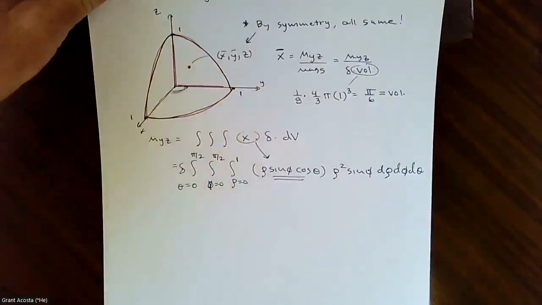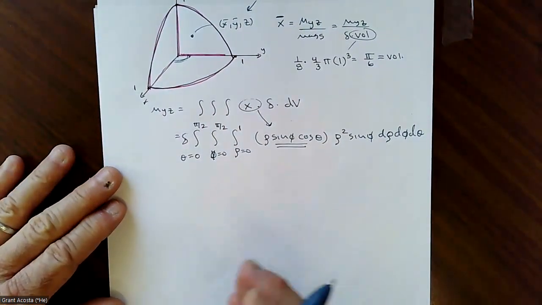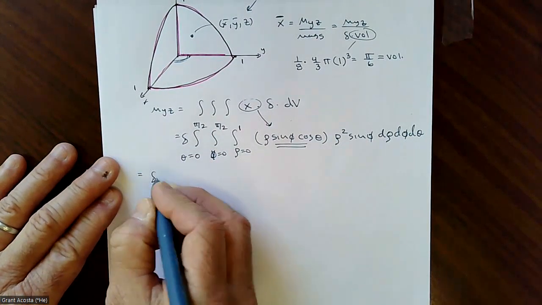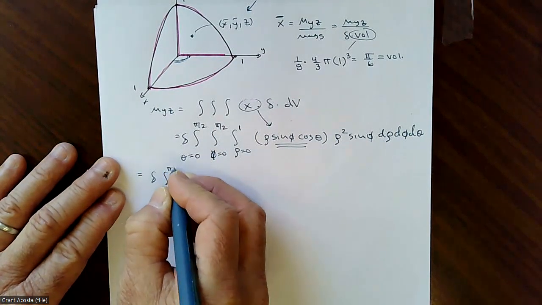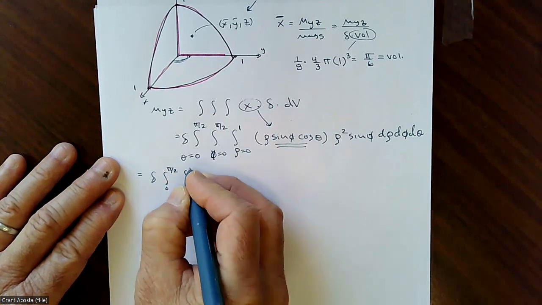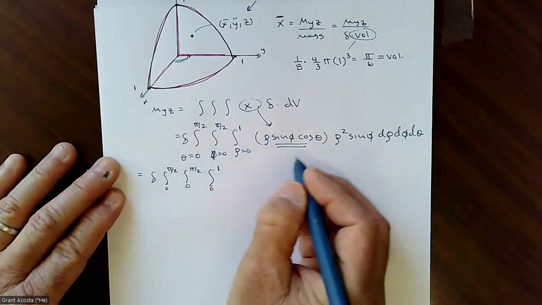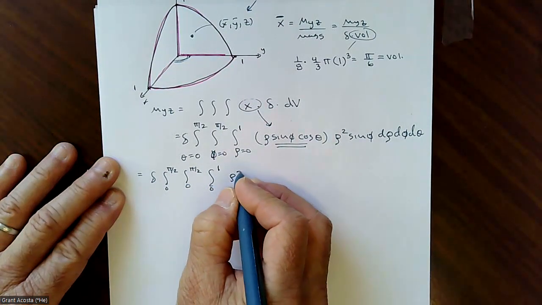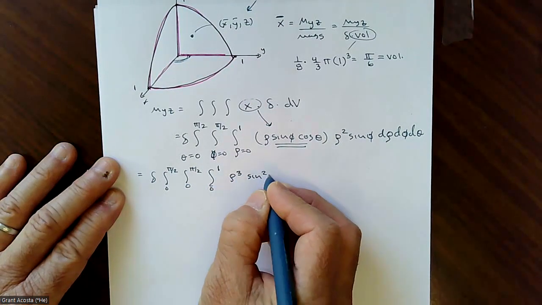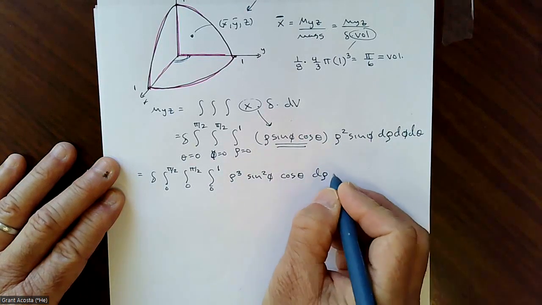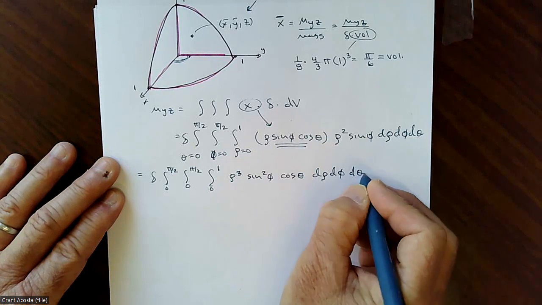So this is looking like a pretty serious integral here. So density, if I clean this all up, from 0 to 1, I'm going to have rho cubed sine squared phi cosine theta d rho d phi d theta.